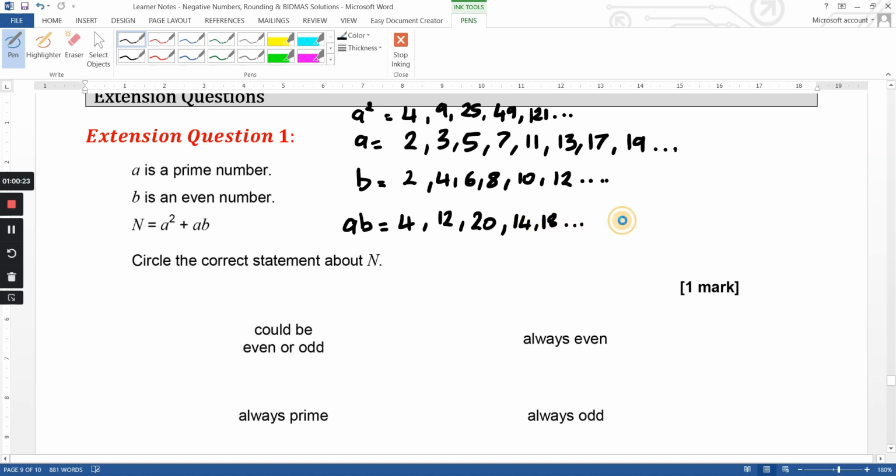So these are all even. Yes, these are all even. a squared could be odd, could be even.